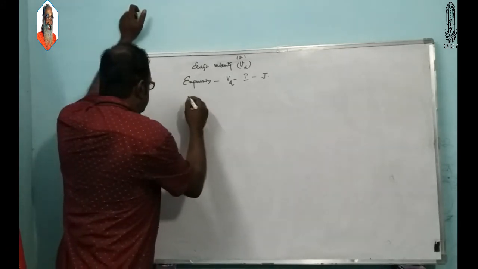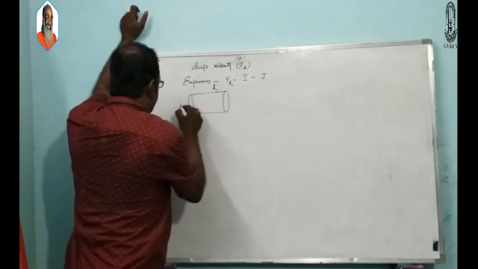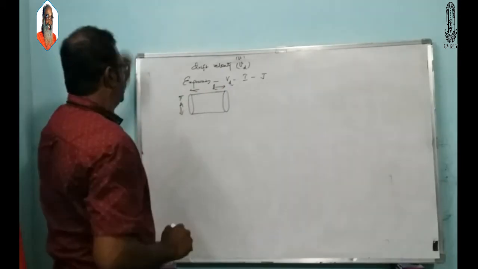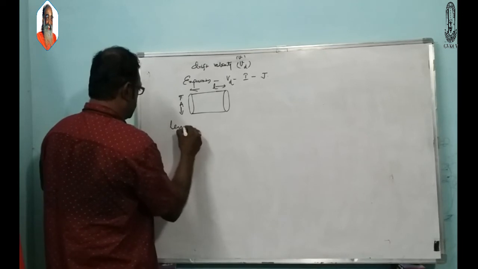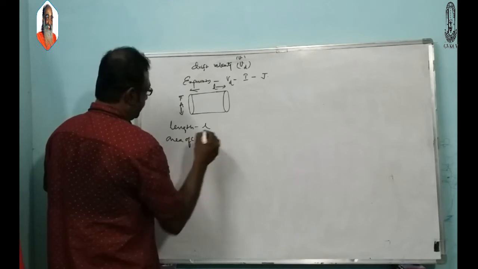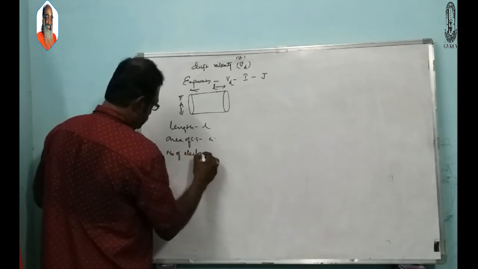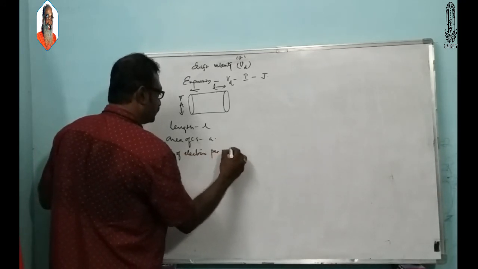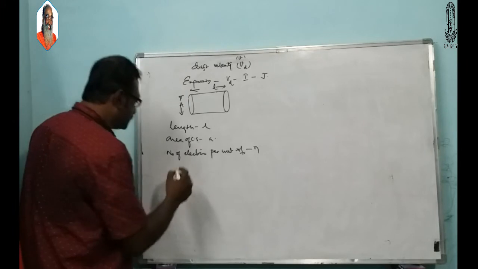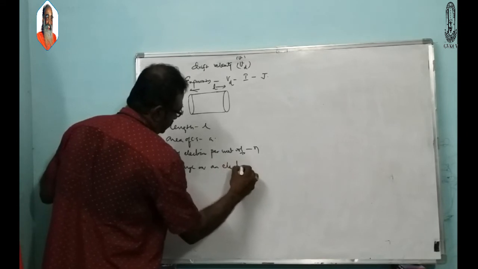Let us take a conductor of length L and cross-sectional area A. The number of electrons per unit volume is taken as n, and the charge on an electron is e.